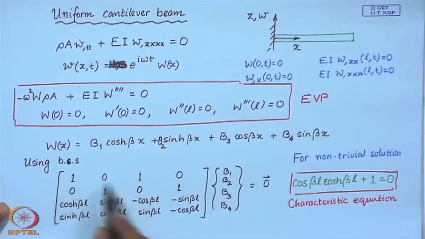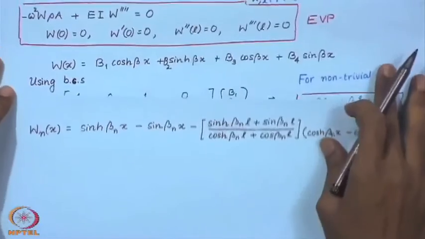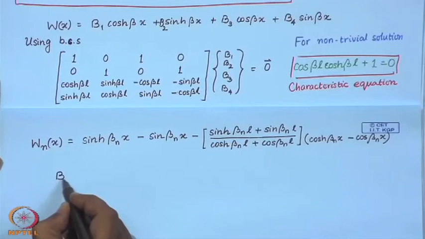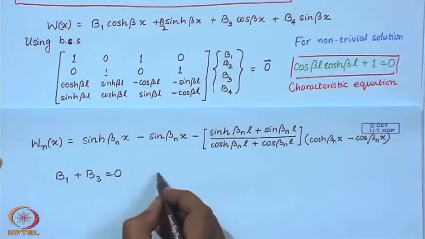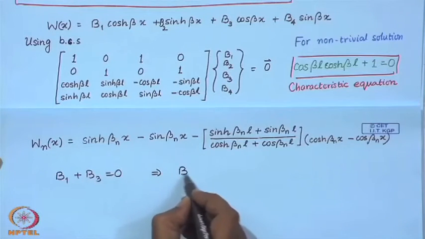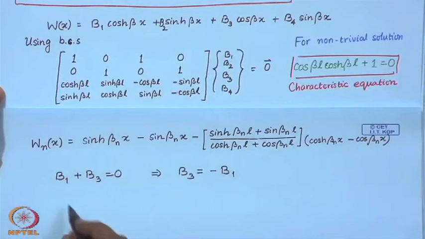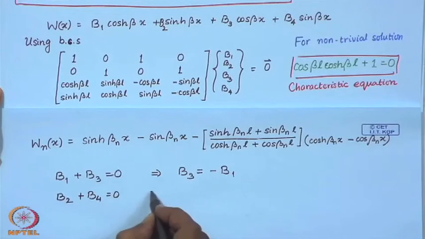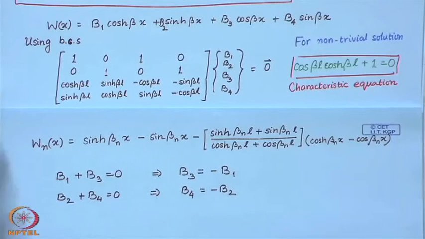Now, the first condition that we have from here implies B 3 is minus B 1. Similarly, from the second condition, and now we have used this third condition.